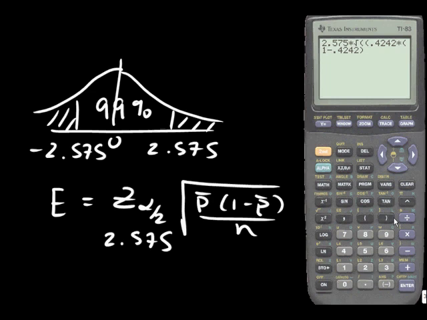Close that parentheses. This is the complement, divided by the sample size, which is 297. Close our parentheses, and this will be our error. Approximating the error to the nearest 10 thousandths, we get 0.0738.